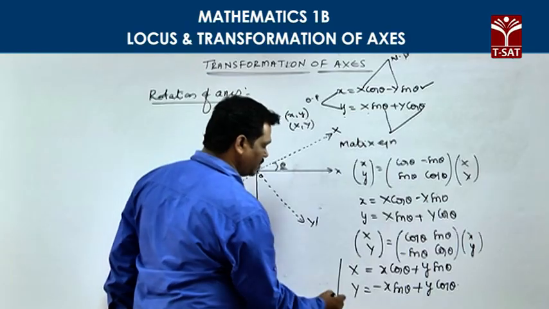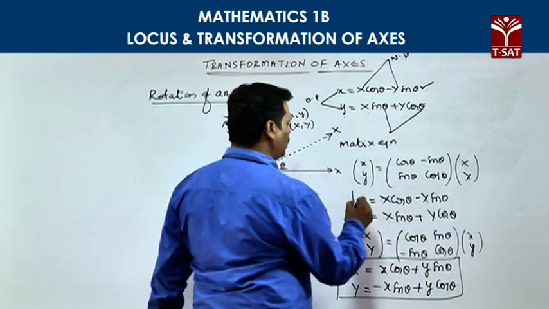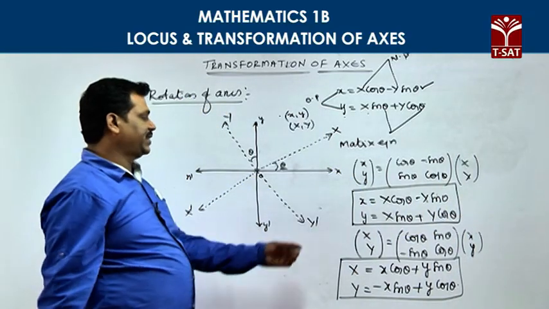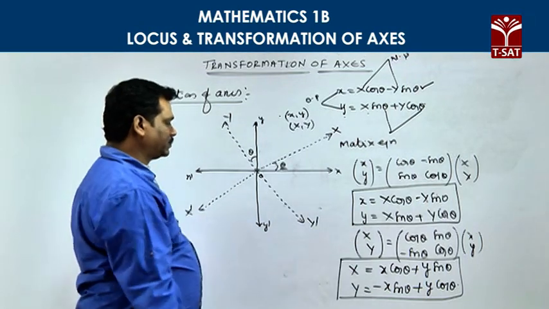So this is my very, very important new point, and this is my original point. The relation between the original axis and the new axis. All of you understand? Okay.